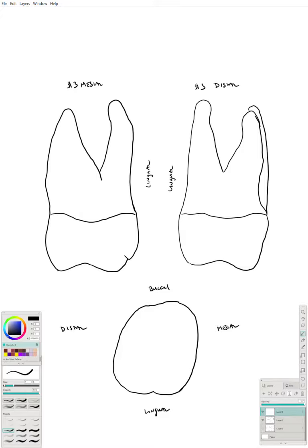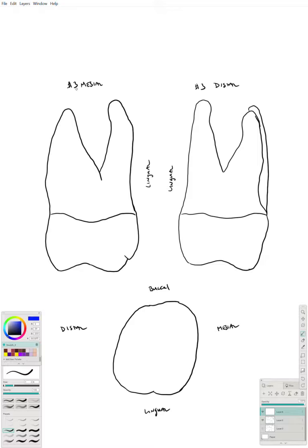A lot of this drawing just seems like busy work and you just got to get through it and it's just an assignment, but try to take some of this to heart because it can really help you out later on. So the main thing here is that we're looking from the mesial side.